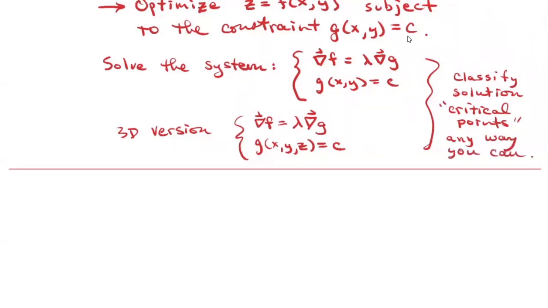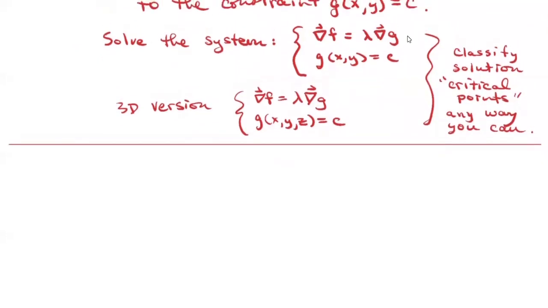We don't really go into new material for classifying because it may be that the constraint curve is one-dimensional. And if it's just a line, then it's really a one-dimensional problem. You could boil it down to one independent variable, so you could use the second derivative test or first derivative test to classify these points. But we don't really spend a lot of time on that.